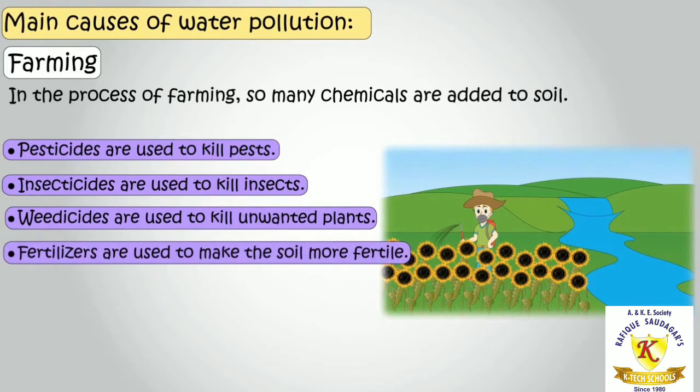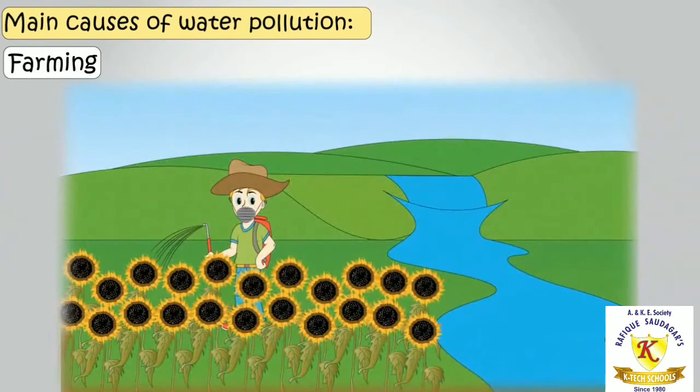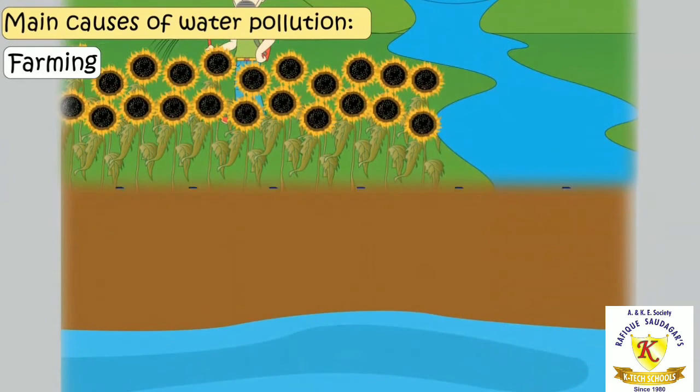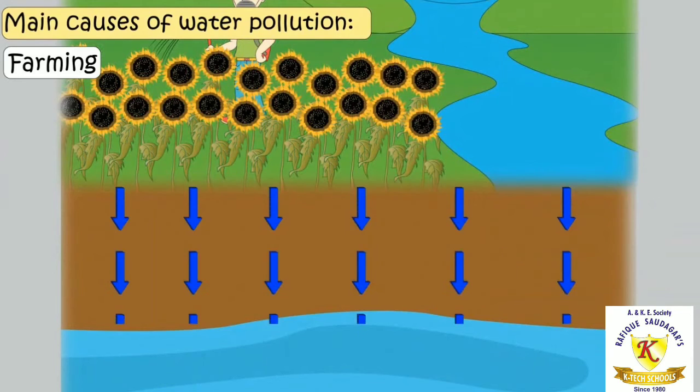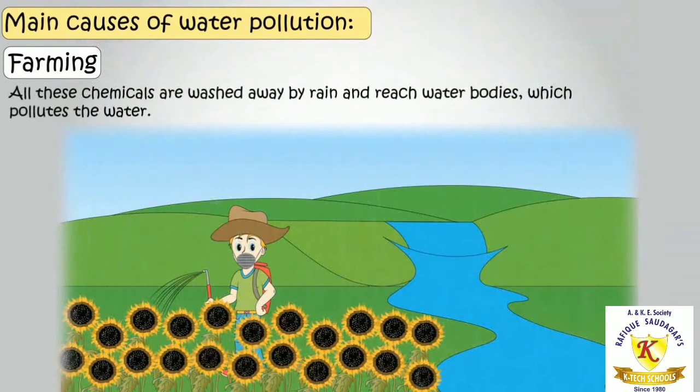Fertilizers are used to make the soil more fertile. All these things contain chemicals that reach the groundwater, and also these chemicals are washed away by rain and reach water bodies, which pollutes the water.